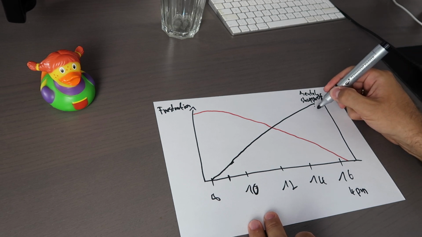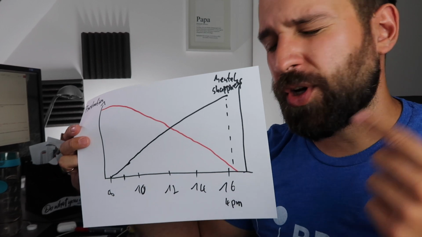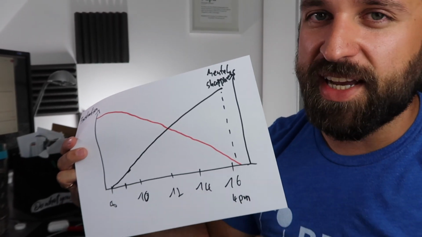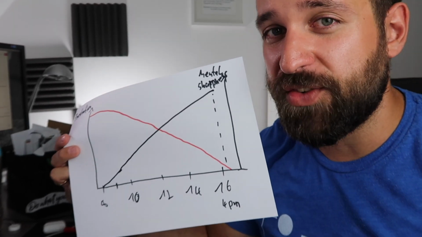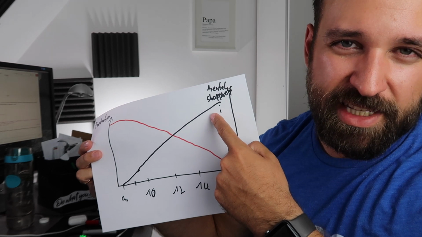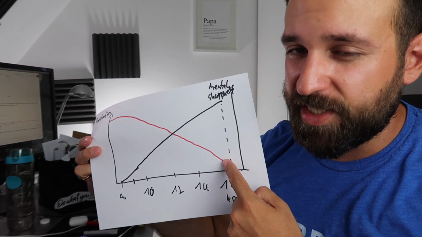The problem is this area here. So just before leaving work, you only want to fix this one bug, but it takes hours and hours and hours, and you don't know why you can't get it fixed. The reason is that your frustration is already pretty high at that point. And also your mental sharpness is naturally pretty low at that point.